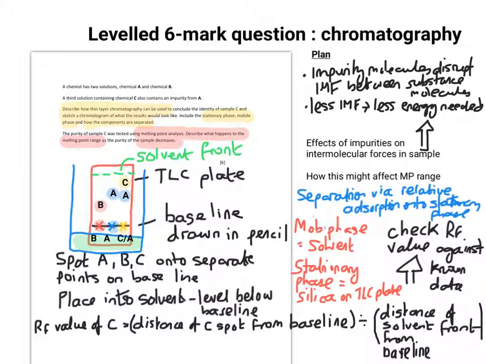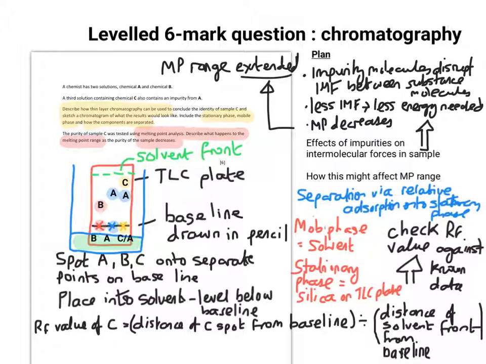So if you've got less IMFs, that means less energy is needed to overcome them. So the melting point decreases as a result of this, and the effect seen is that the melting point range is extended.